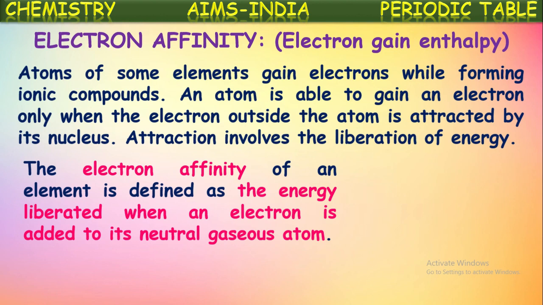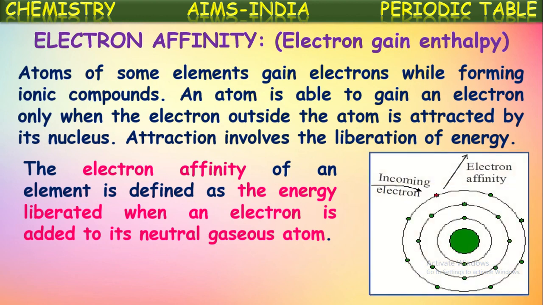Now, the electron affinity of an element is defined as the energy liberated when an electron is added to its neutral gaseous atom. So when an electron is added to a neutral gaseous atom, a certain amount of energy will be emitted by that atom. That emitted energy is called electron affinity. See here, suppose an electron is given to this atom from an incoming electron.